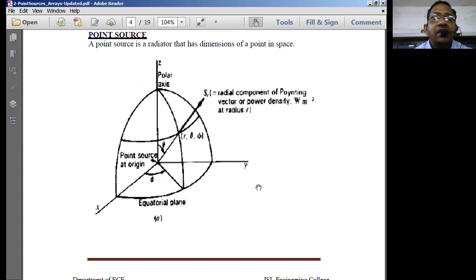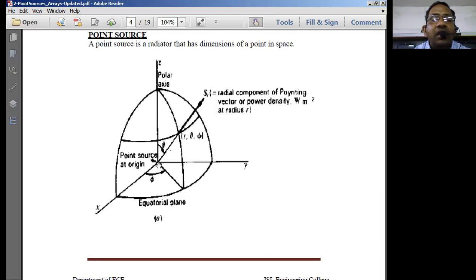Now, usually an antenna radiates in the spherical coordinate system. So let us suppose a spherical coordinate system is taken like this, where we are interested in getting the power radiated from this particular point, where theta is nothing but the elevation angle and phi is nothing but the azimuth angle, and the power is going to be radiated from the surface of this particular sphere.